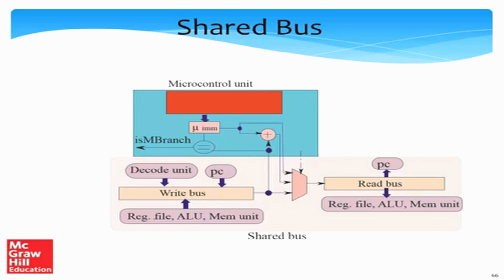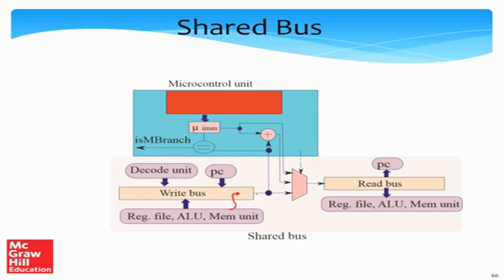Similarly, all the register file, ALU and MEM unit micro registers are also connected to the write bus. So all of them dump their values to the write bus. Of course, all of them are not activated at the same time. So we have separate activation signals, and only one of these registers is activated. An activated state means that it can write its value to the write bus, and the rest of them are quiet. So we will need separate control signals for them. I have not shown that. The details are in the book.